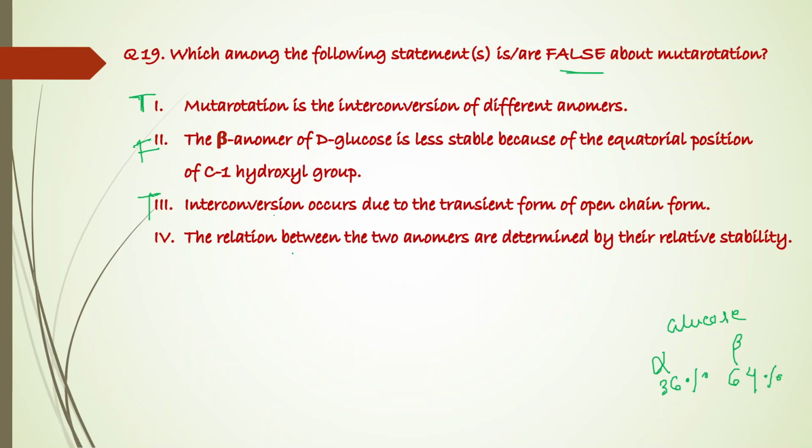And the fourth one says the relation between the two anomers is determined by their relative stability. Yes, absolutely. Because beta is more stable, it remains as 64% in the solution and the alpha remains as 36%. So the fourth option is also a true statement.